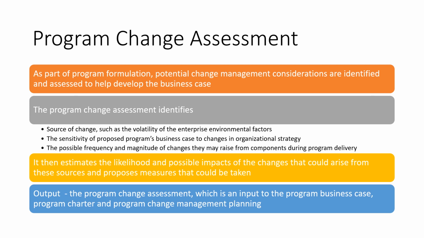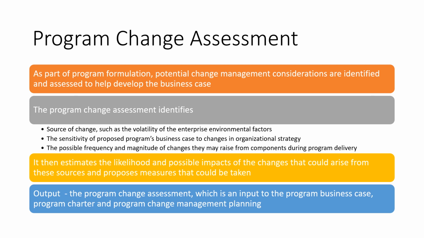The change assessment identifies the sources of change, such as volatility of the enterprise, environmental factors, the sensitivity of the proposed program business case to changes in the organization strategy, and the possible frequency and magnitude of changes that may arise from components during program delivery. These are the different aspects you have to look at.